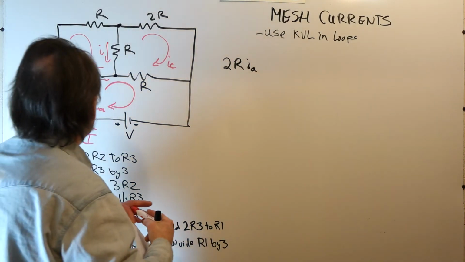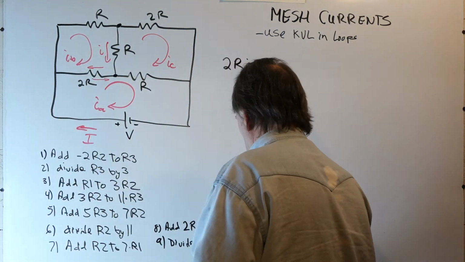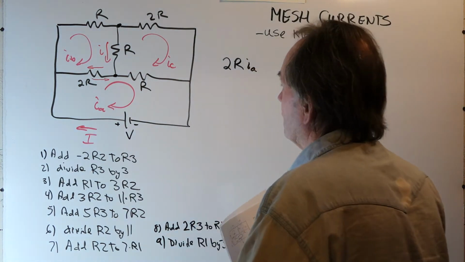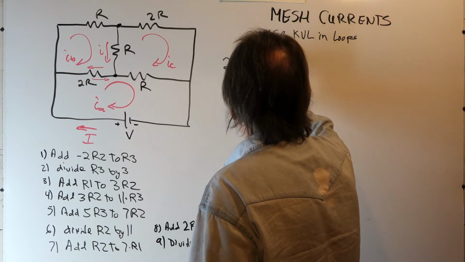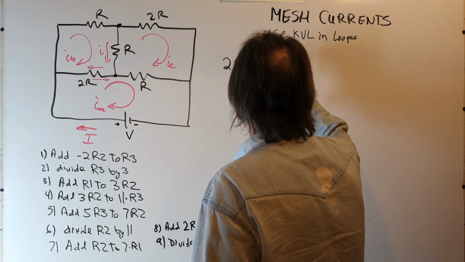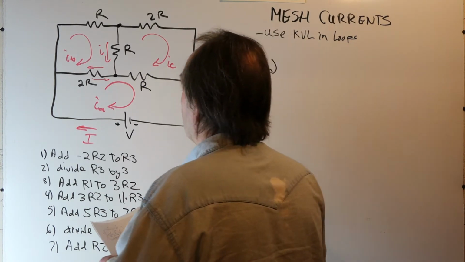So we have to also take into account currents in other loops. So we have 2R times (IA minus IB) for the current there.